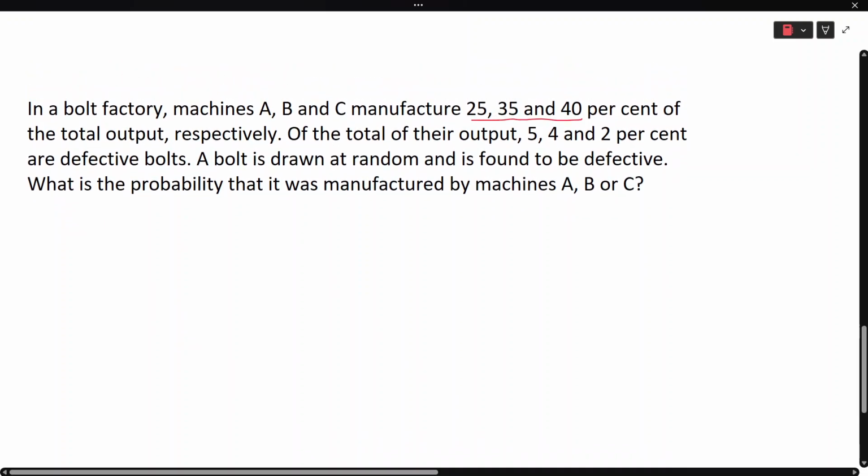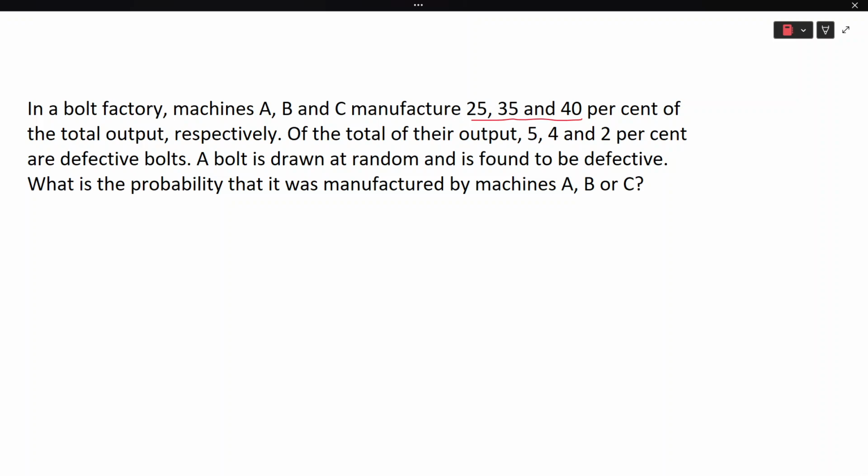Of their output, 5, 4, and 2% are defective. A bolt is drawn at random and is found defective. What is the probability that it was manufactured by machine A, B, or C?